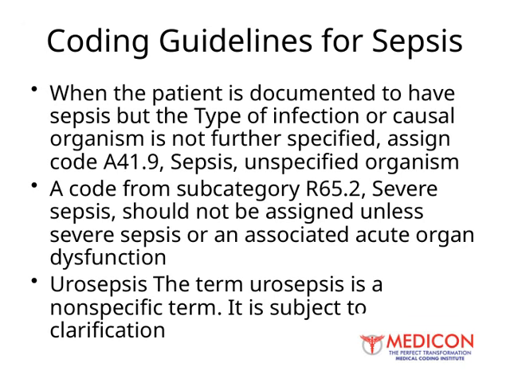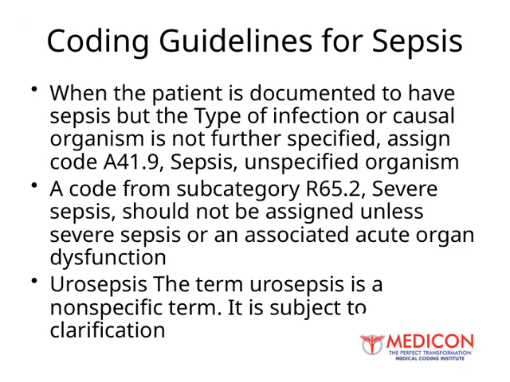However, if the patient has severe sepsis or there's an associated acute organ dysfunction, then a code from subcategory R65.2 should be used. But it's crucial to remember that you shouldn't assign this code unless those more severe conditions are actually documented. Now, regarding the term urosepsis, it's a common term, but it's considered nonspecific.